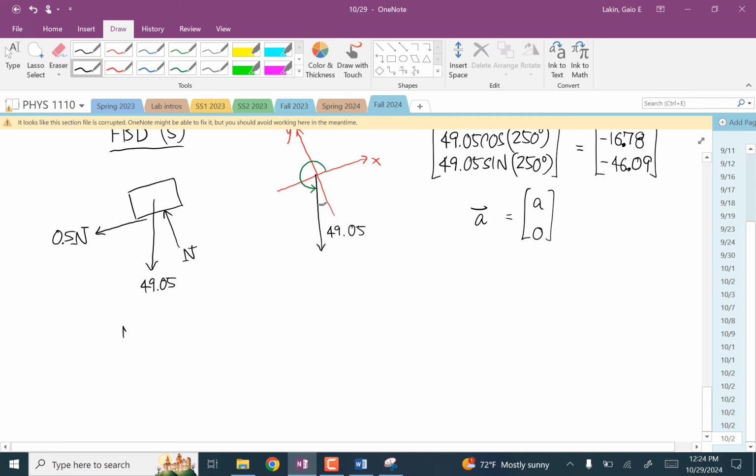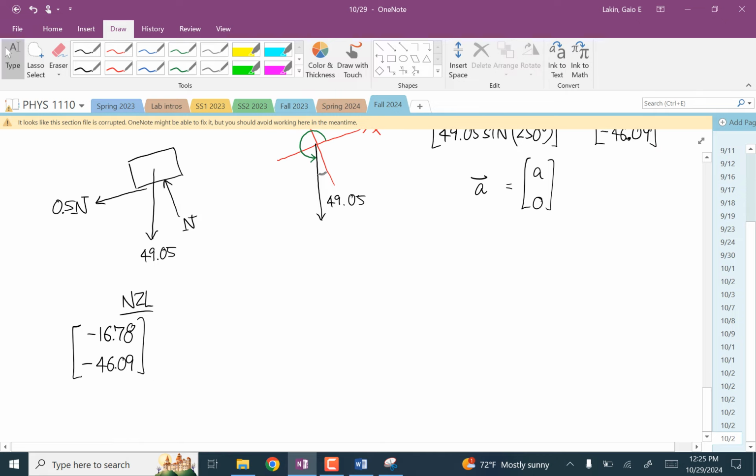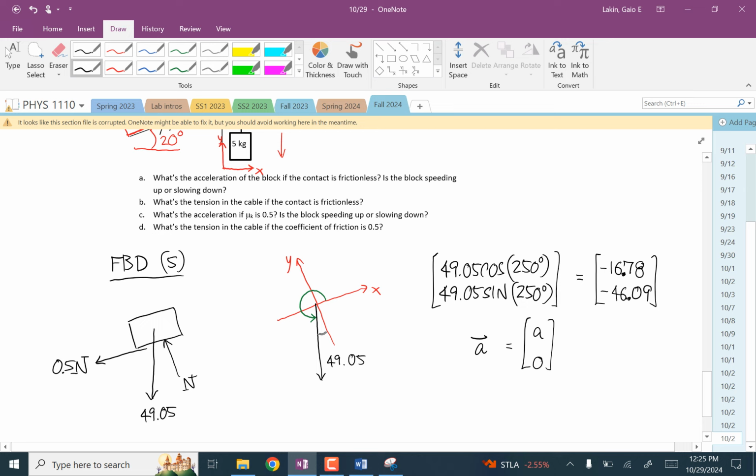So now I can go to Newton's second law. We have the weight force, negative 16.78, negative 46.09. I forgot the cable in here. There's a cable force.